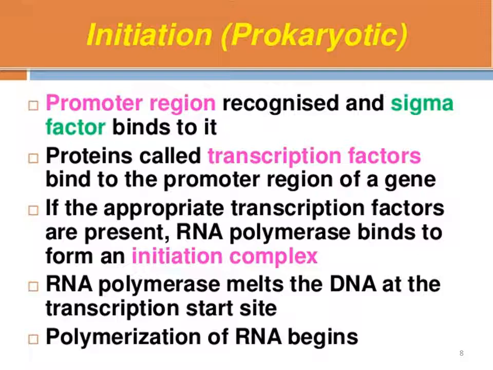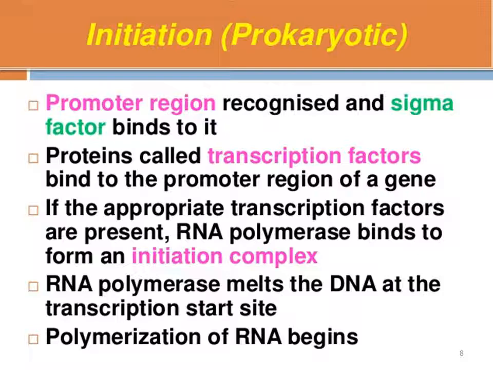The promoter region is recognized and the sigma factor of the RNA polymerase binds to it. Then some proteins are also used in this process. These are called transcription factors. These proteins also bind to the promoter region of the gene for the starting of the process.